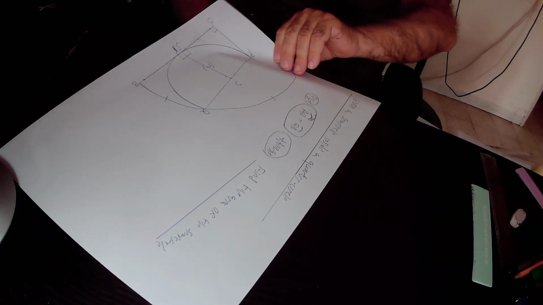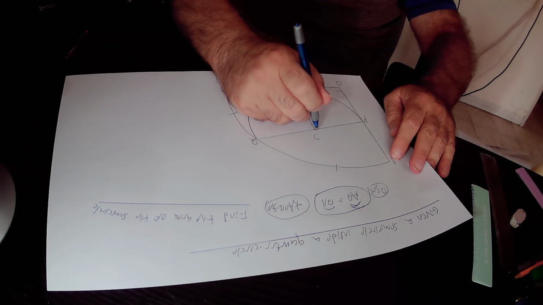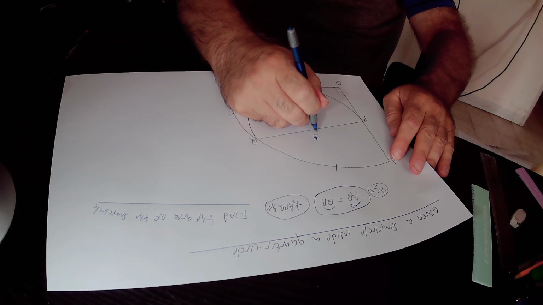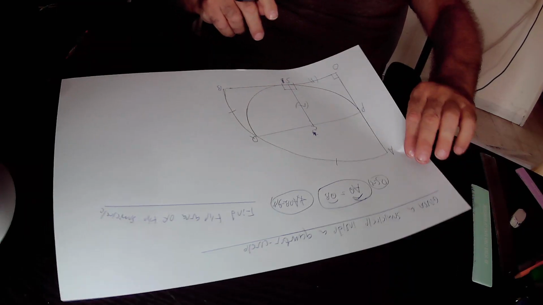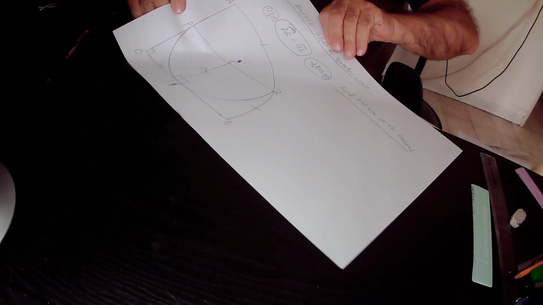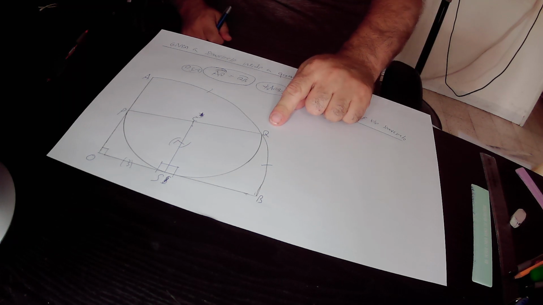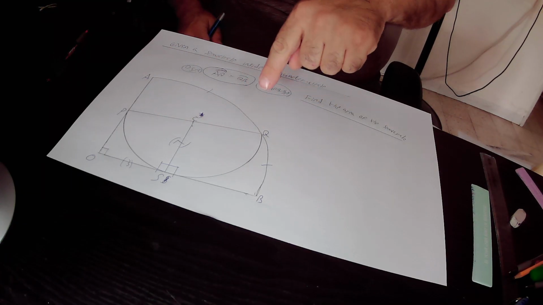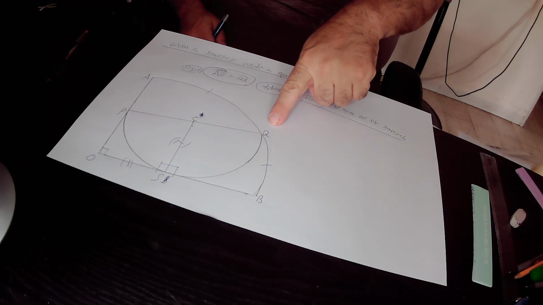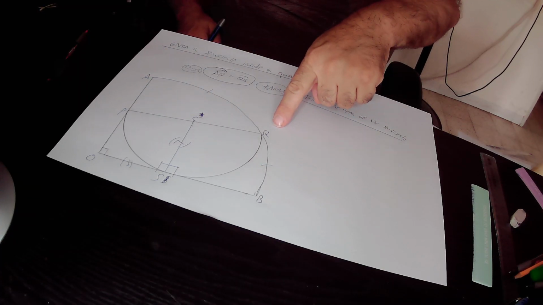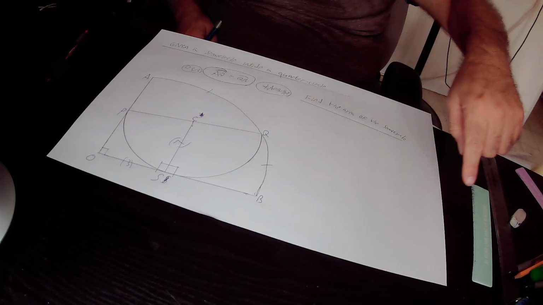In the next step, we'll do a construction. From point Q, the touching point of this semicircle with this quarter circle, we will draw a perpendicular on OB.